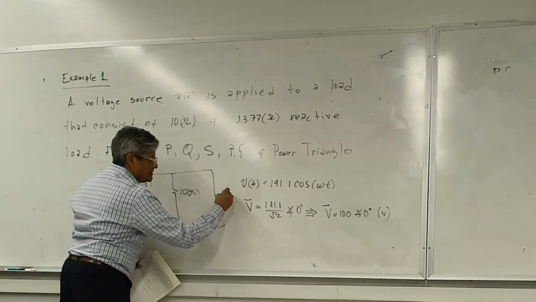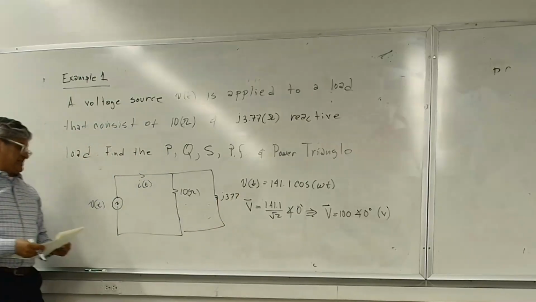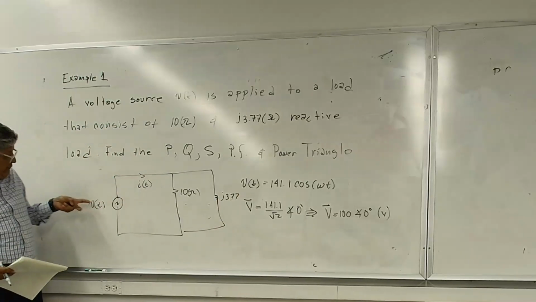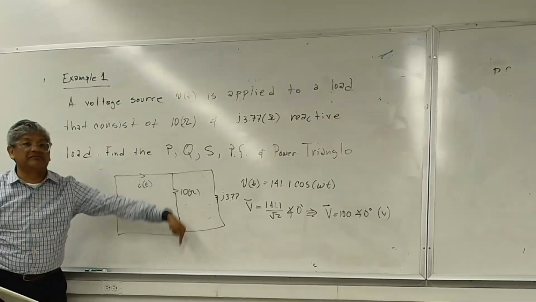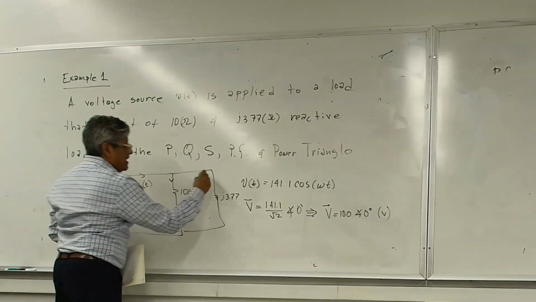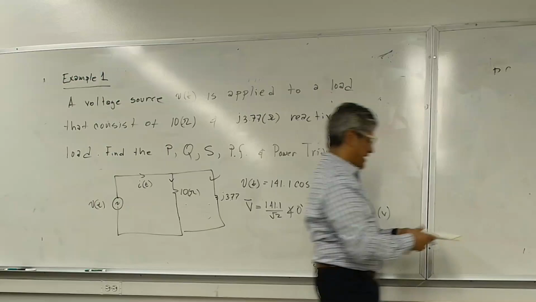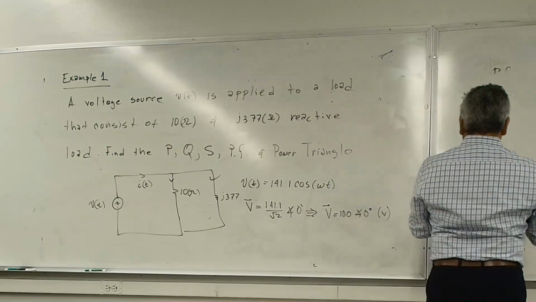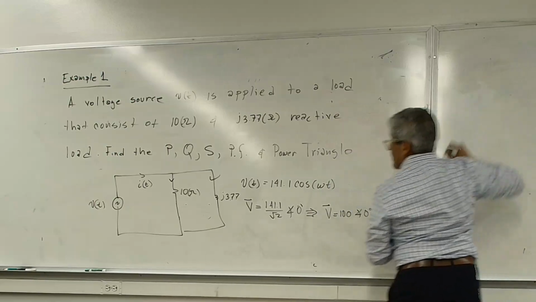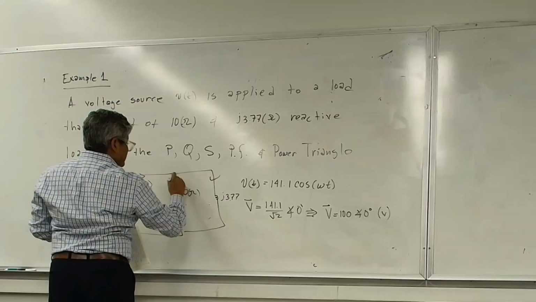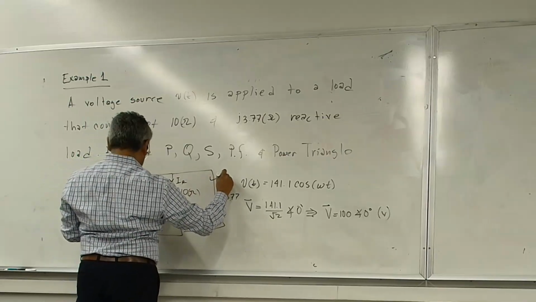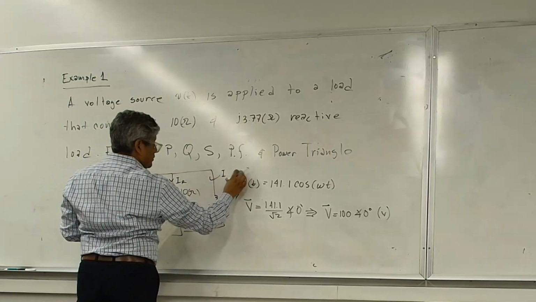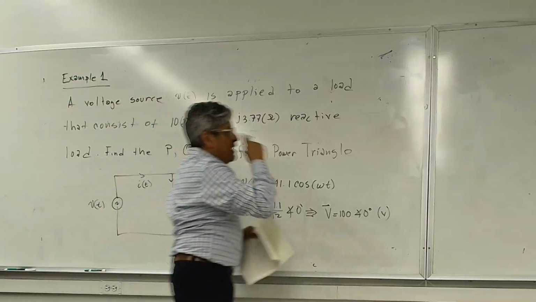J 3.77. We did that last time, right? If I know the voltage phasor across these loads, I can find the currents. We did that, and I'm going to do it again, but you already have it. I'm going to define this as I resistive current, and I'll call the other one Ix, for reactive.